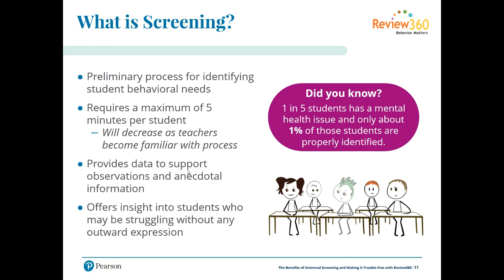We might be able to find some kids who aren't that. There are lots of kids that have behavioral struggles in a very different way, and the screener can help glean some of those kids out so you can see what's happening with them. You don't always get the outward behavior with kids who are struggling behaviorally in a different way. So this can do that for you as well.